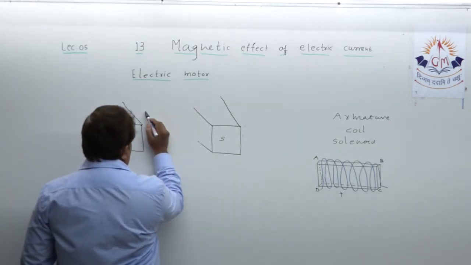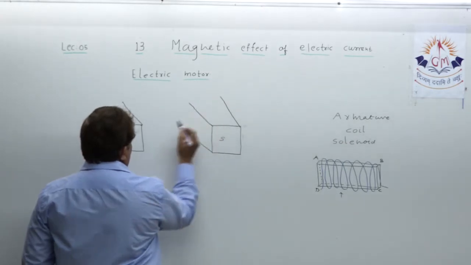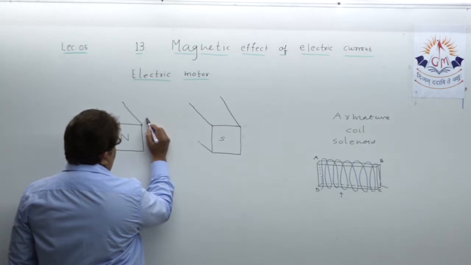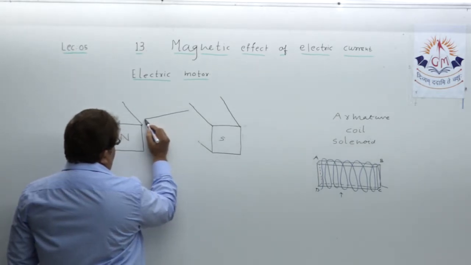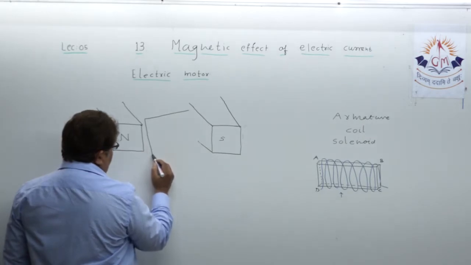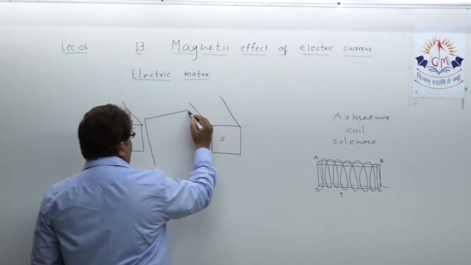Let us try to draw and understand. Okay, a rectangular coil of wire is kept inside this powerful horseshoe magnet.